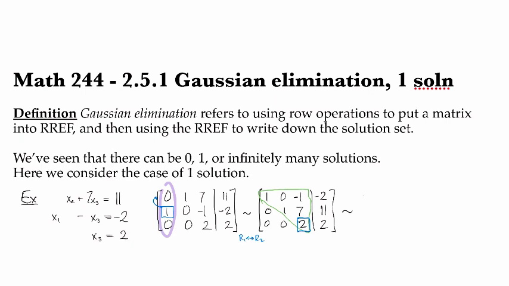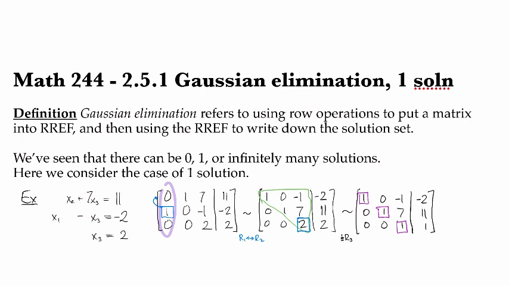So I'm going to have the 1, 0, minus 1, minus 2, 0, 1, 7, 11 part stay exactly the same, and then I will multiply 1/2 against row 3, and that'll get me 0, 0, 1, 1. And now I have exactly a pivot in each of the columns of my coefficient matrix.